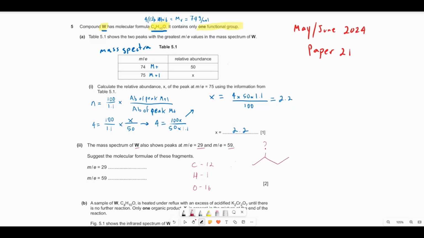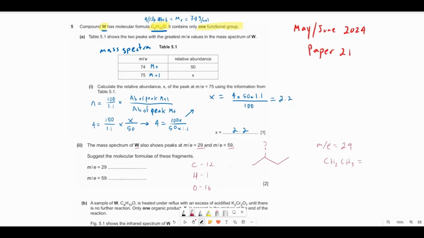Now, we actually saw some common peaks in the lecture. And we know that peak 29, the m/z, depending on which mass spectra you're looking at, has a very common source, and that is a CH2CH3 peak.